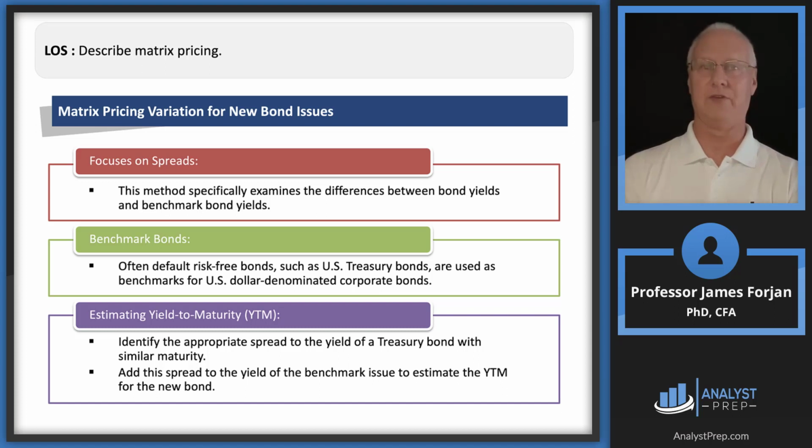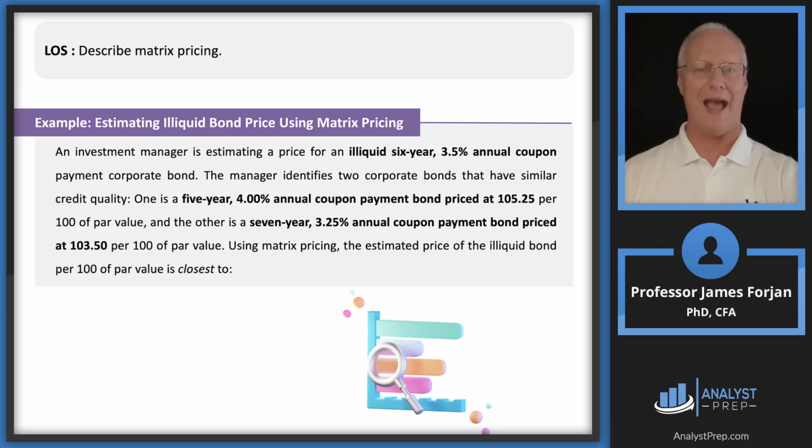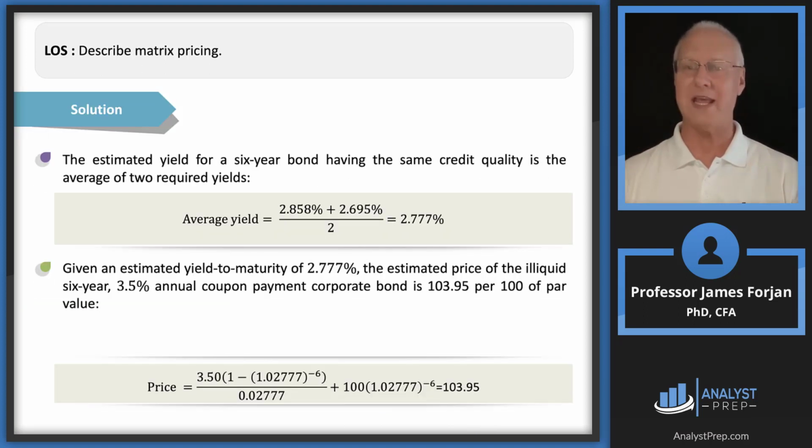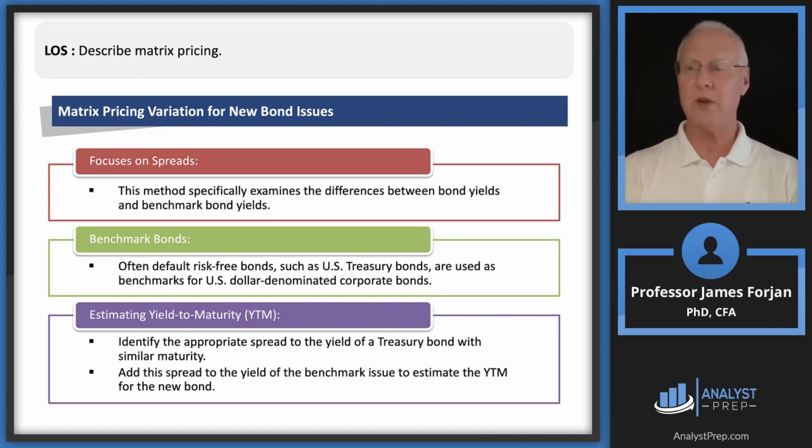Now, the second part of this matrix pricing is a focus on spreads. Suppose we don't have all that stuff. Suppose all we have is spread information, the difference between the yield on our bond and the yield on a bunch of other bonds.